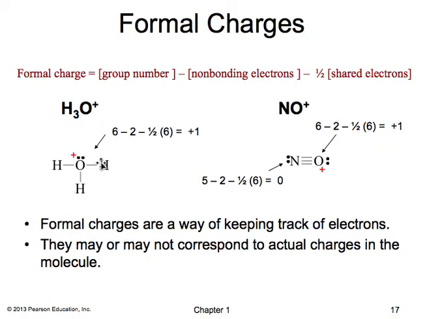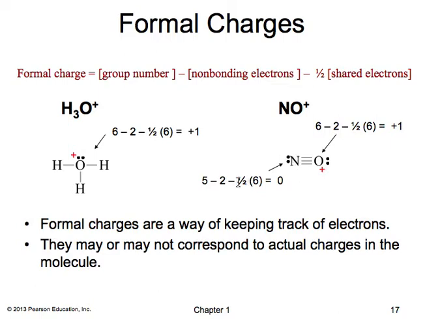The non-bonding electrons are 2 non-bonding electrons, minus half of the shared electrons, which are 6. Remember, each single bond is represented as 2 electrons. This allows you to get a formal charge of +1. For NO+, you can determine the formal charge per atom.